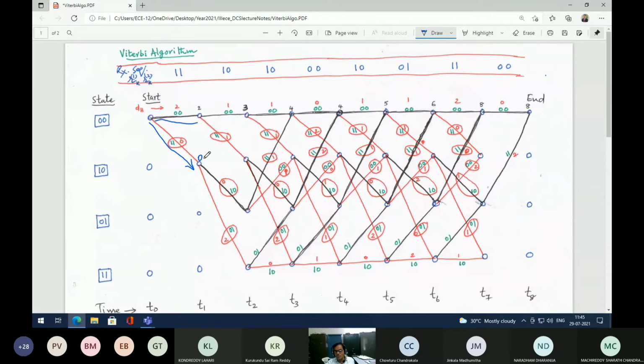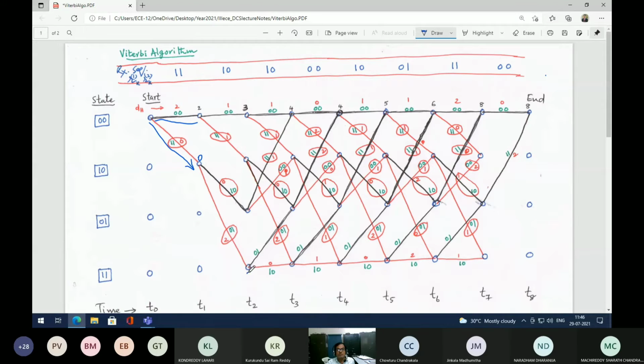Agreed? Now I'm here. I want to move from here to here or here to here. There are two possible ways. What is the Hamming distance from here to here if I travel from T1 to T2 up to this node? You have to add this Hamming distance to this distance and tell me this value. At the bottom, what is my Hamming distance? 0 plus 2.